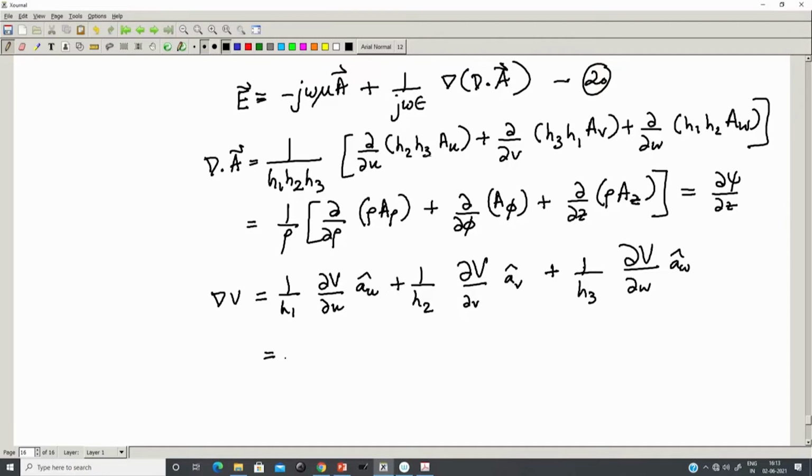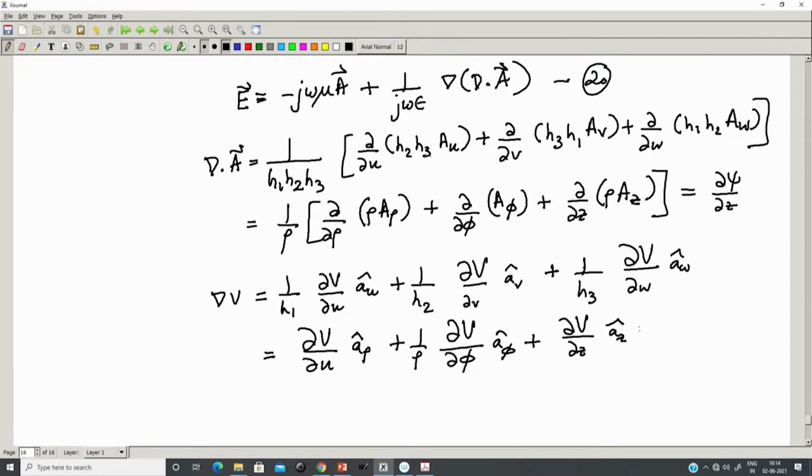Note that this is a capital V and this is a small v. So, that is equal to del V del rho a rho, substituting for u, v and w, plus 1 by rho, substituting for h1, h2, h3, del V del phi a phi, plus del V del z a z.